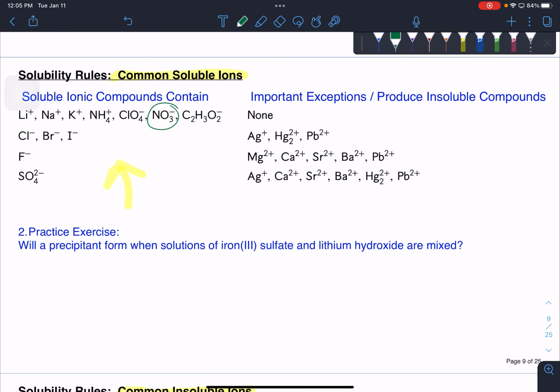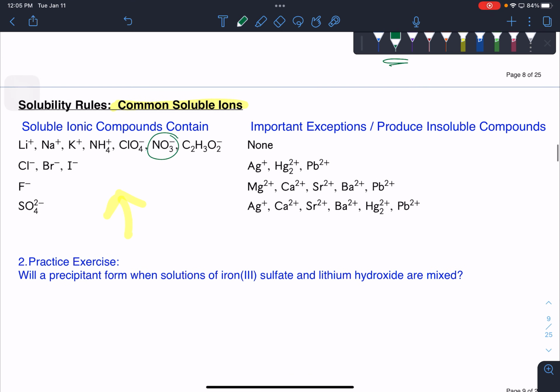Nitrate's there. And what it's saying here is that most compounds of nitrate are going to be soluble except for what? None, right? What that's saying is that there are no exceptions here. Nitrate is always soluble.